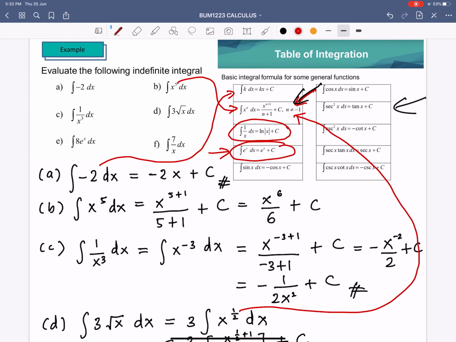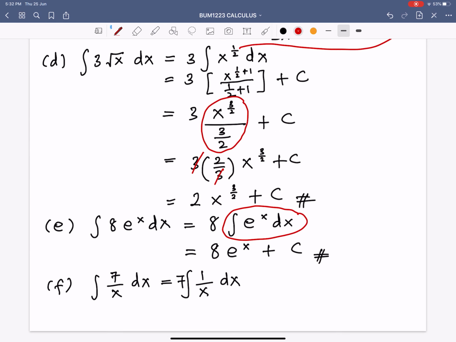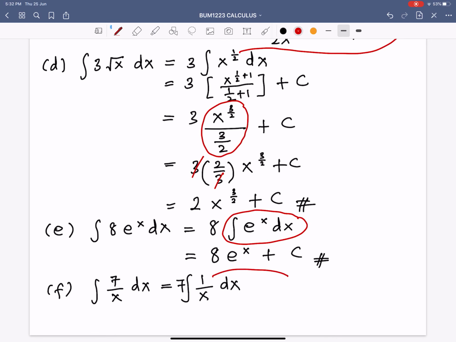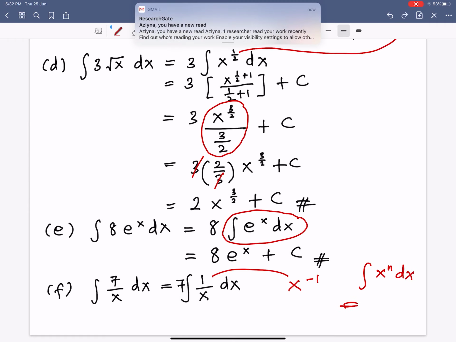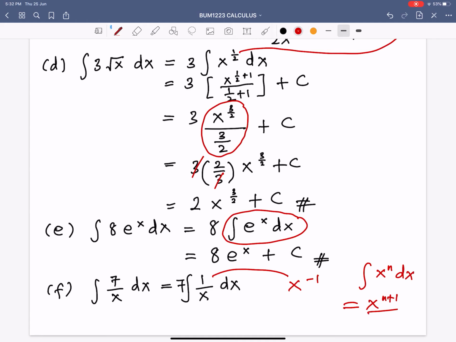In this case, we cannot write this as x power of -1 and use the power rule formula, x power of n plus 1 over n plus 1 plus c.